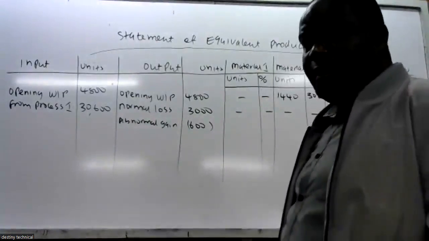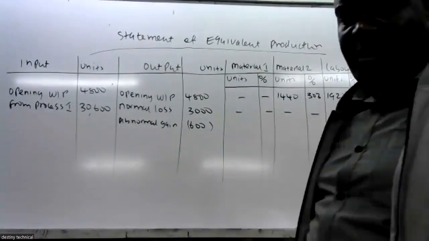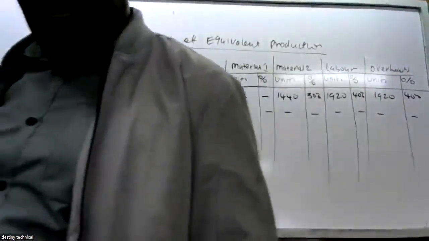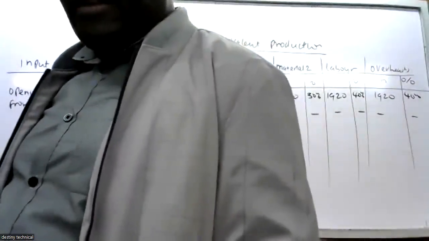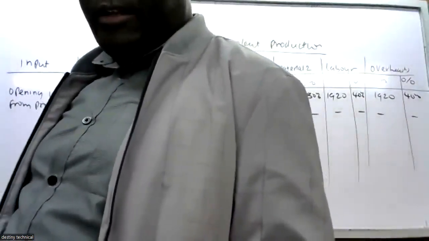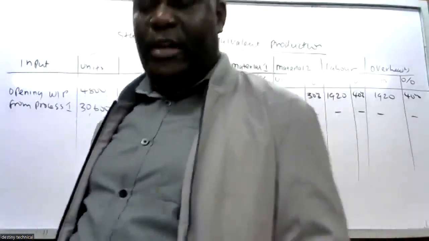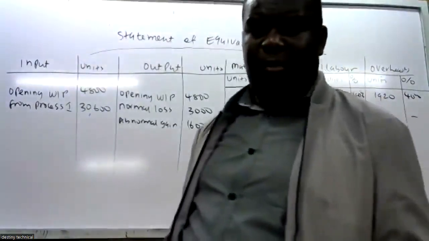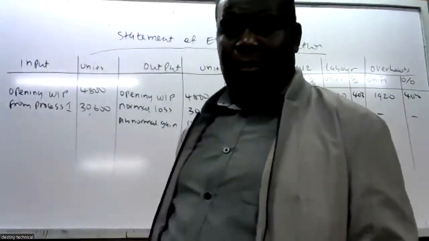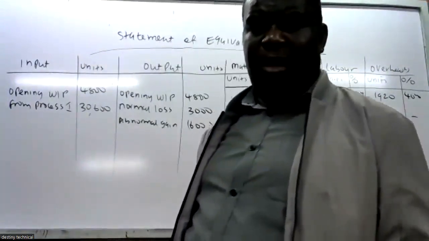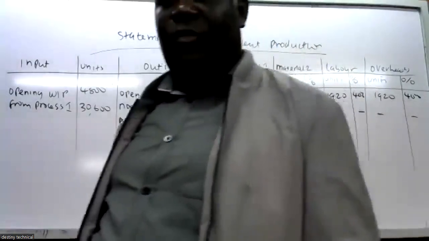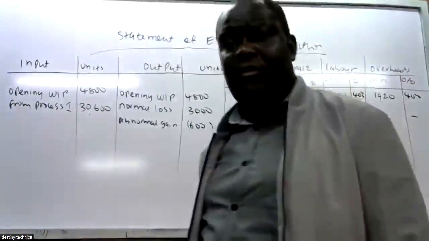In the notes, I had given you a hint. If you check through the notes, note number 3, where the question has abnormal gain or loss occurring, but the degree of completion is not given, then abnormal gain or loss is assumed to be 100% complete.